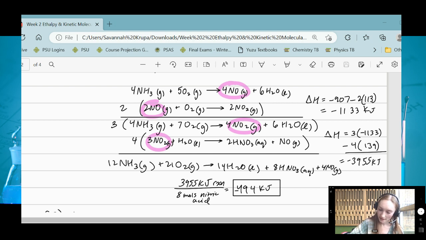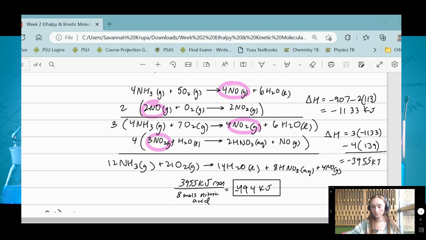Okay. And so we see that whenever we are able to cross something out, they have to be on opposite sides of the reaction, so opposite sides of the arrow. The NO's on this side, NO's on this side, so we don't need to flip anything right now. So all we have to really pay attention to is the coefficients.